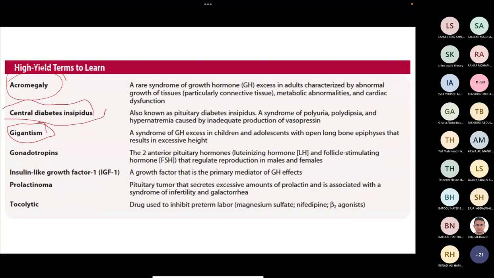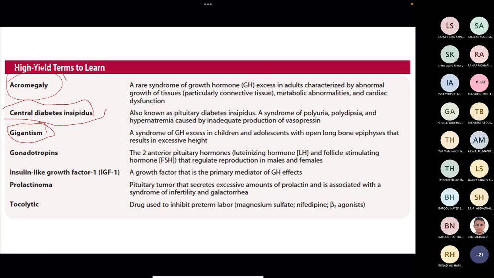Sometimes this effect is not due to low levels of antidiuretic hormone but to the response to it. It can be drug induced, for example lithium, a mood stabilizer, which sometimes antagonizes the effect of antidiuretic hormone on its receptor.